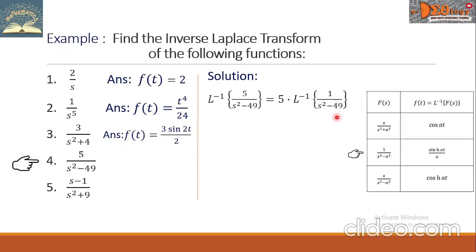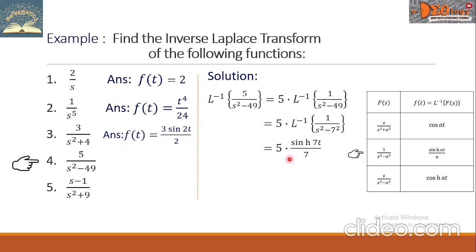In our list of formula, we're going to use this. This is of this form, 1 over s squared minus a squared. In our function here, we can rewrite this 49 as 7 squared, so that we can define the value of a, which is 7.